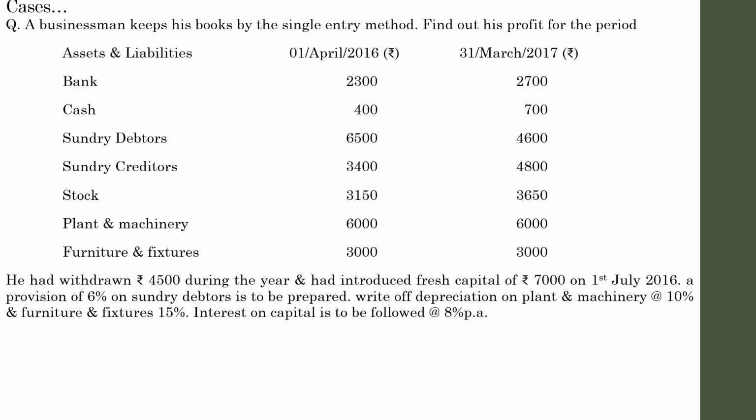Statement of profit or loss has to be prepared. For preparation of the statement of profit and loss, what do you have to find out? Opening capital and closing capital. From where can you get opening capital and closing capital? By preparing the statement of affairs.